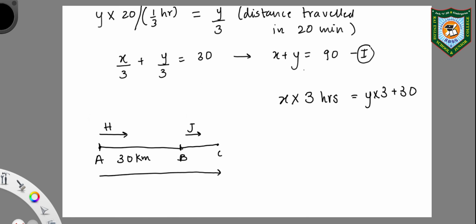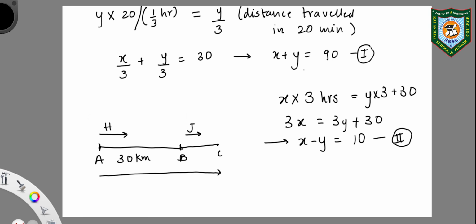So here we have 3x is equal to 3y plus 30. Now 3 is common between them, and 3 can cancel, and you will get equation number 2, which is x minus y is equal to 10. So once I get both these equations, you can solve this and you will get your answers as x is equal to 60 kilometers per hour and y is equal to 40 kilometers per hour.